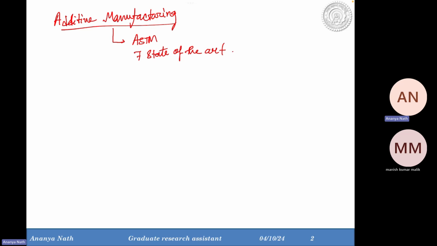When the raw material is in solid state, we started with binder jetting, then sheet lamination, then WAM, or it's better to call it arc DED, because it comes under the state of the art of directed energy deposition.